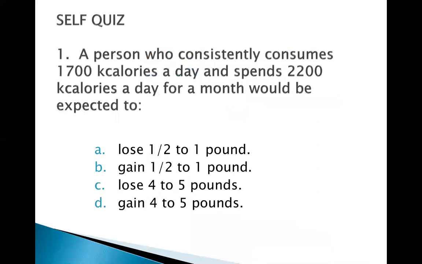A person who consistently consumes 1,700 calories a day and expends 2,200 calories a day for a month would be expected to, wow, this is complicated. So I'm going to show you what you would do here.